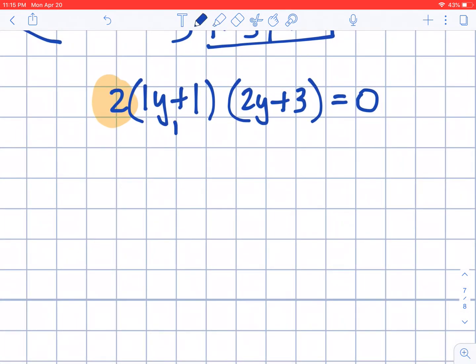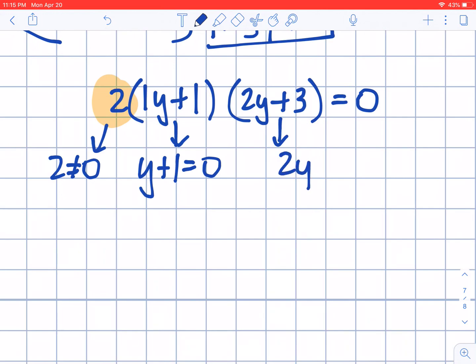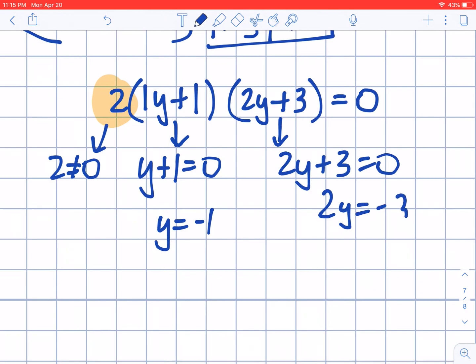Finish with the problem. So y plus 1 equals 0. Again, I don't need to worry about the 2. The 2 cannot be 0. So only these two things can be 0. Things, I should call them terms. So 2y equals negative 3, so y equals negative 3/2.